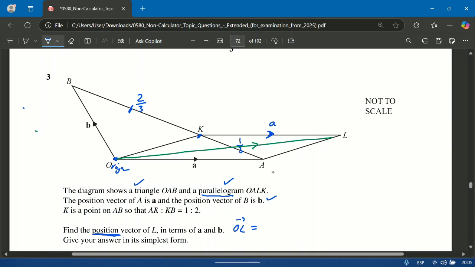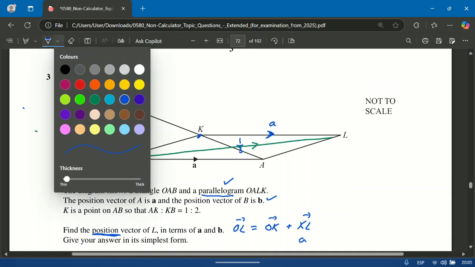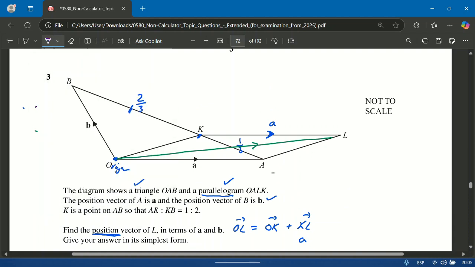So a good path to follow here would be either OA and AL or OK and AL. I'm going to do OK. So vector OL is a combination of vector OK and vector KL. Now we know what KL is. We need to find OK in terms of A and B. First thing I want to know is what this vector is here.